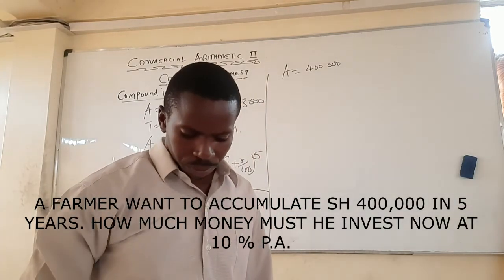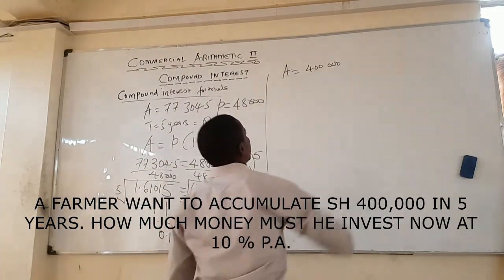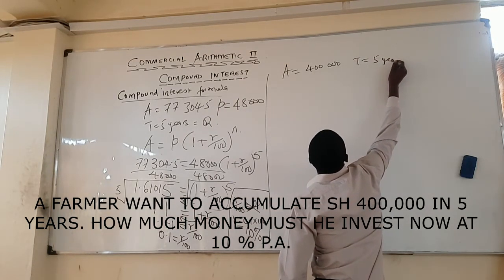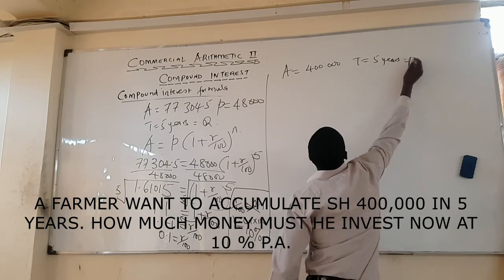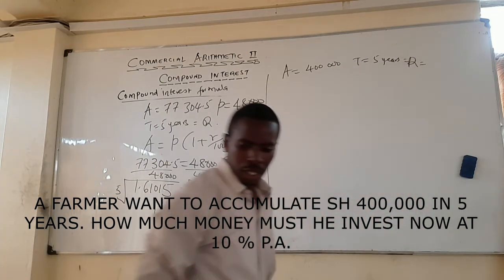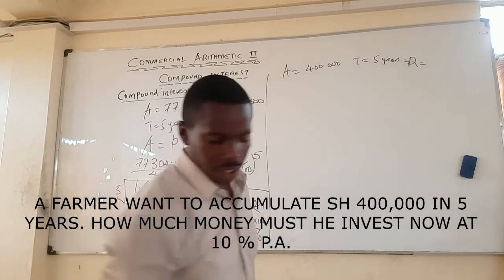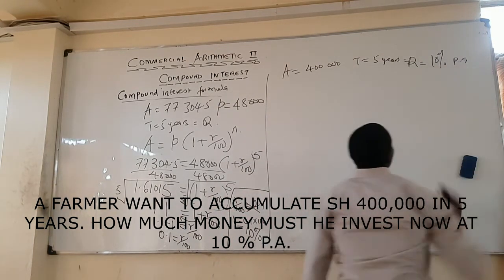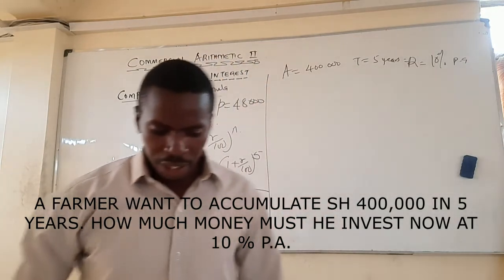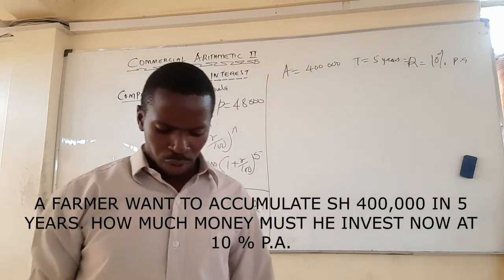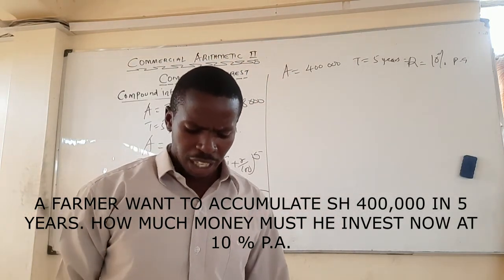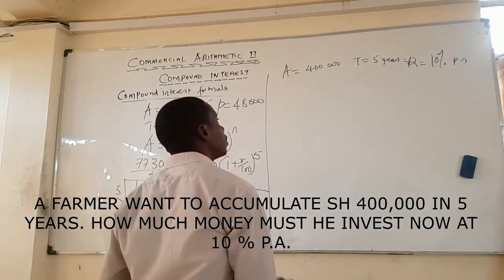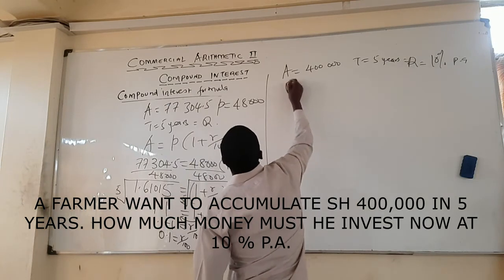Then in 5 years, time 5 years, and then the rate is provided as 10% per annum. So we want to find the principal there.